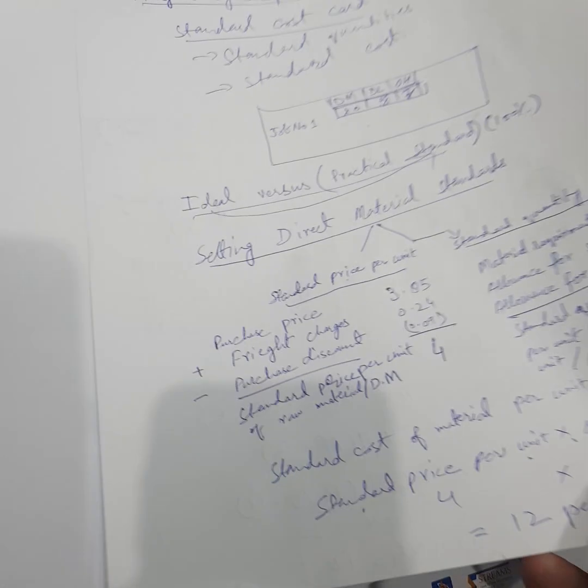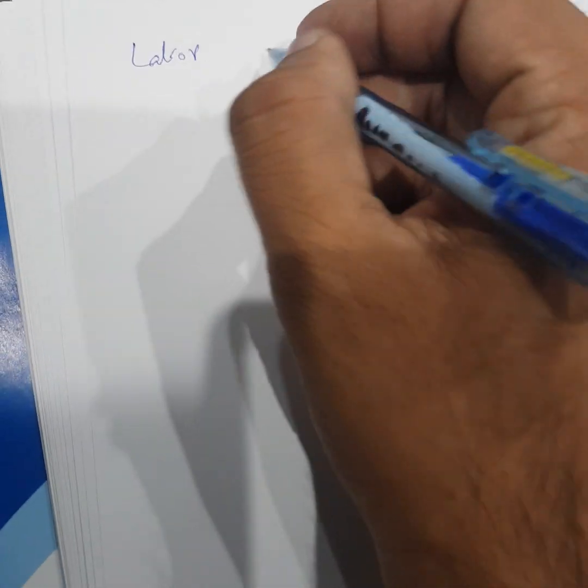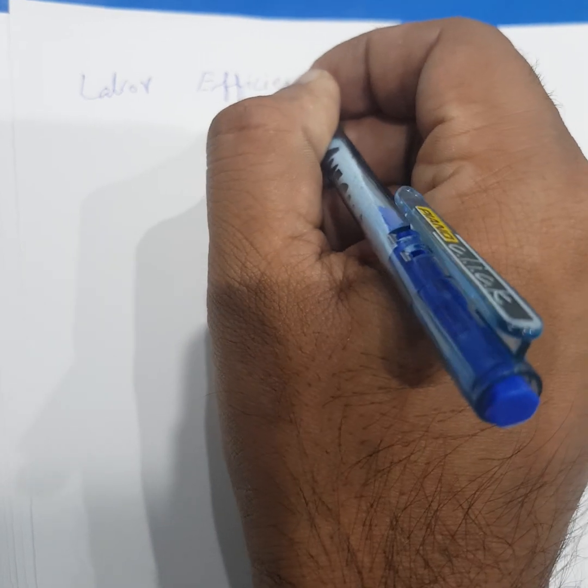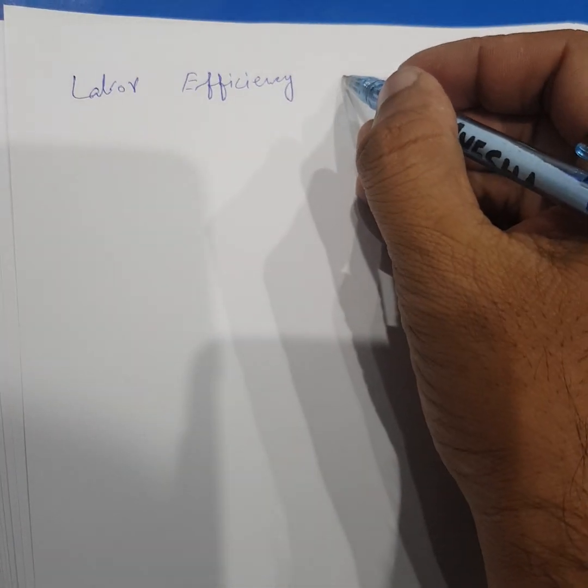The second part of direct labor variance is labor efficiency variance.